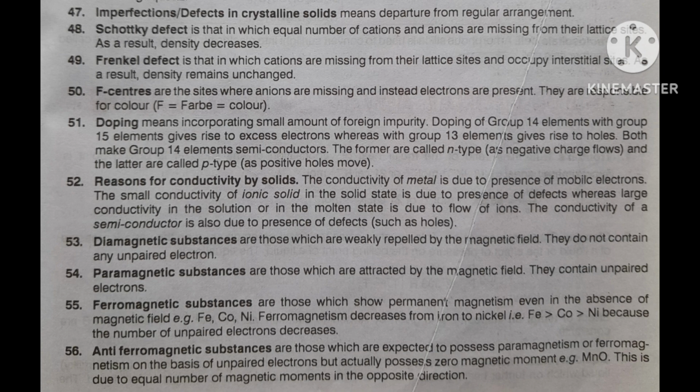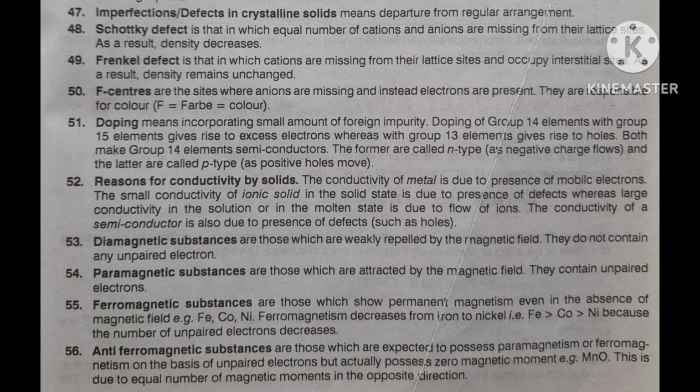The expectation was that it should behave like a paramagnetic or ferromagnetic substance because unpaired electrons are there, but its magnetic moment is zero. It is not behaving like that.